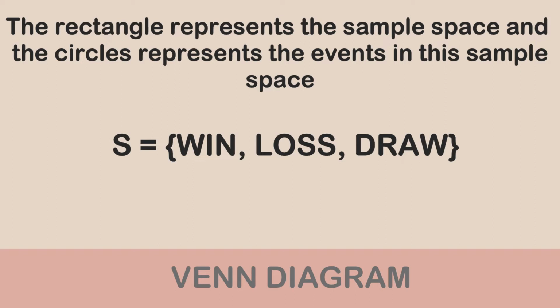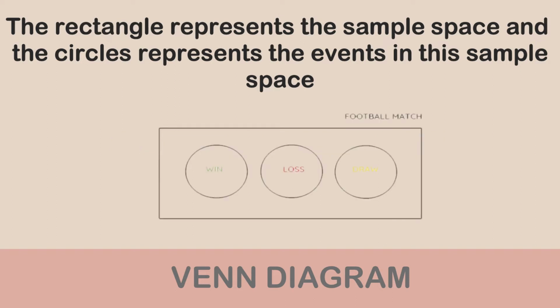That simply implies that if we want to represent the experiment of a football match using Venn diagram, then we are going to be having three circles and just a single rectangle. And since each of these events cannot occur at the same time, that is, it's never possible for a team to win, lose or draw the match at the same time, there is not going to be any form of interaction between those three sets.